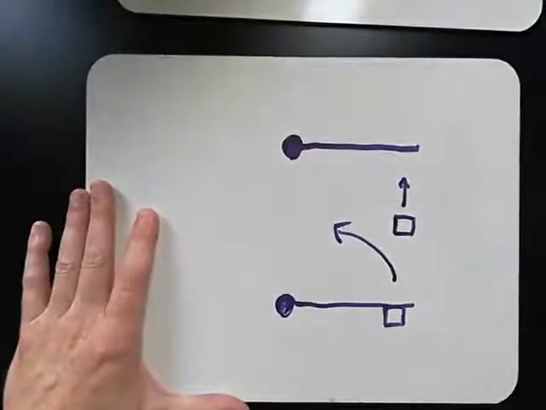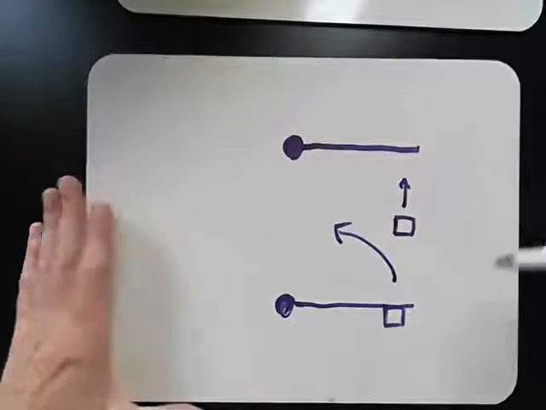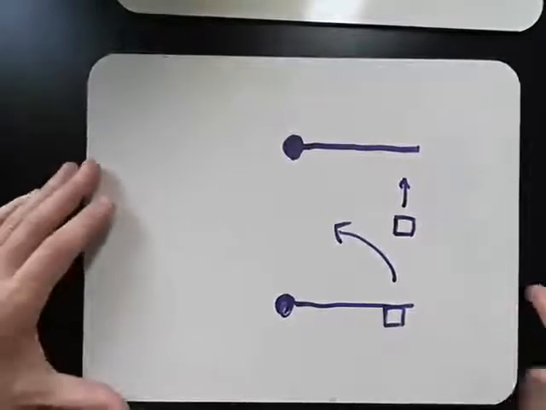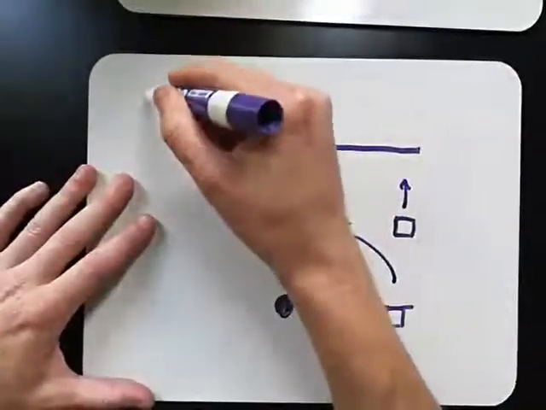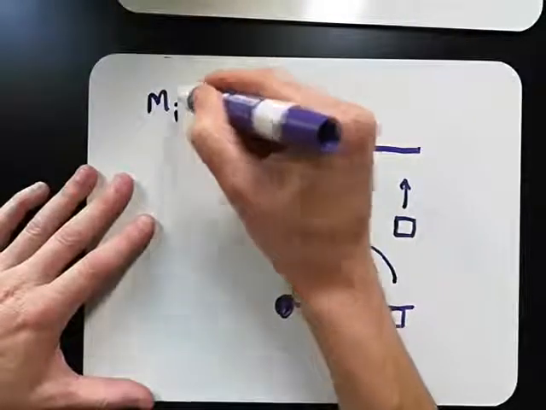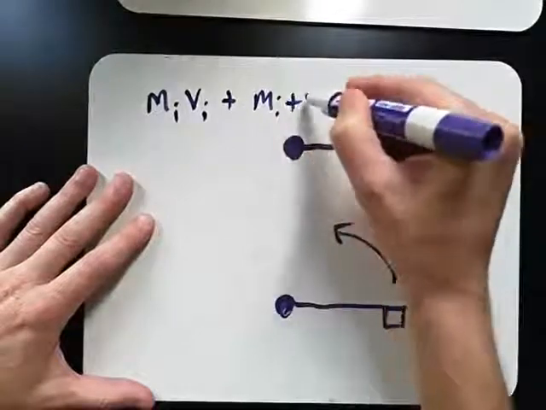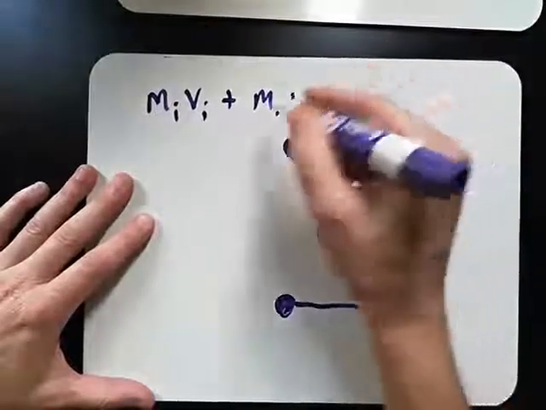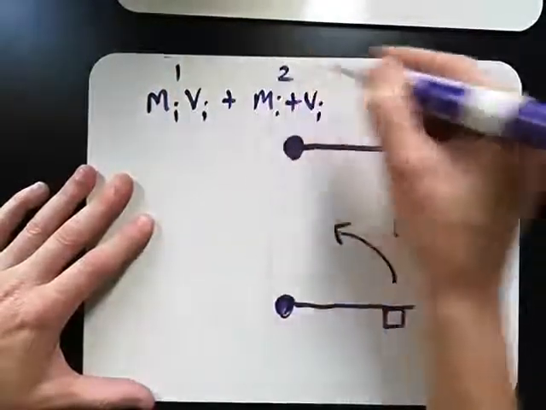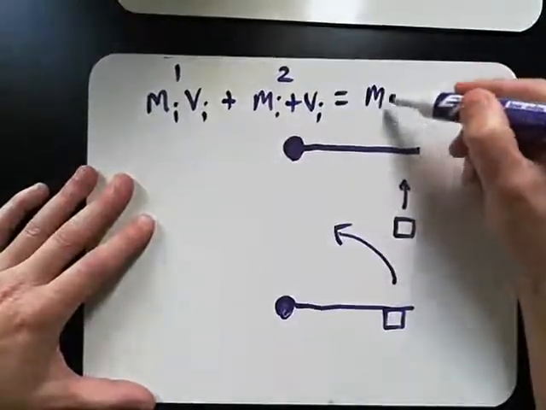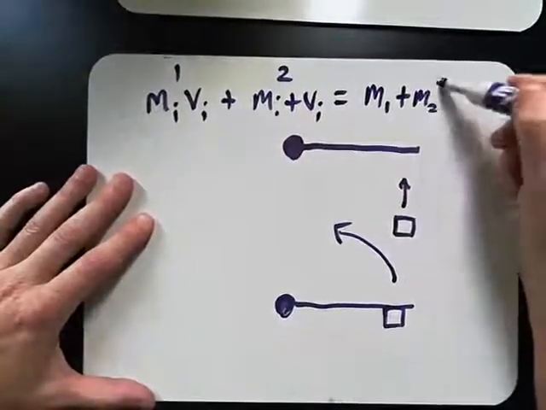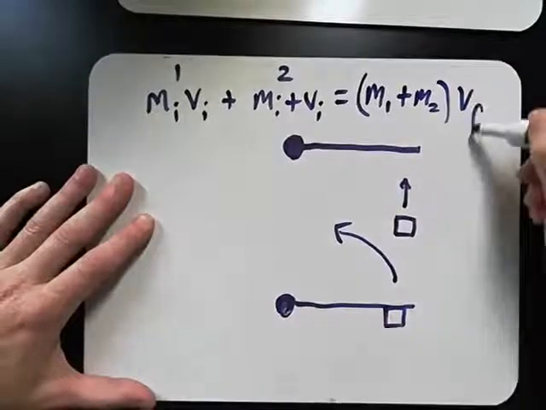So basically it's a lot like before, where, if you remember, linear momentum was kind of like this. So this might be object one, object two, and then when they stuck together, you would do something like this with V final.